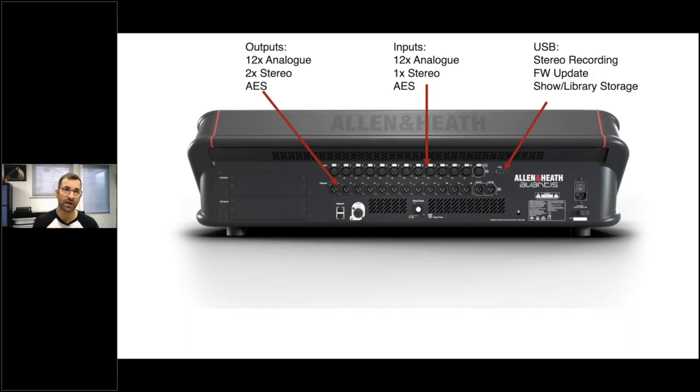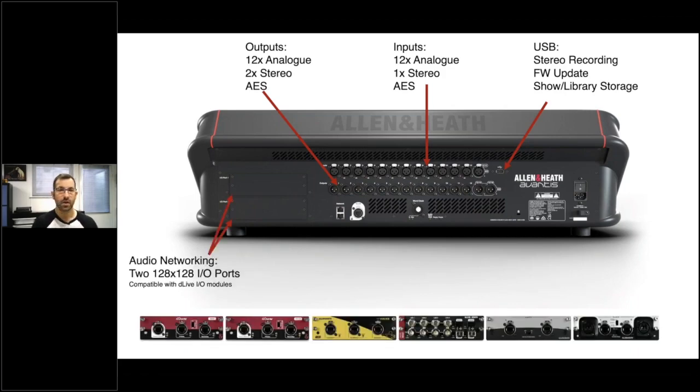On the back, you'll find a USB port for transferring your recordings, doing anything like firmware updates, and also storing any of your shows or libraries directly to a USB key. We then have 2 128 by 128 in-out card slots.